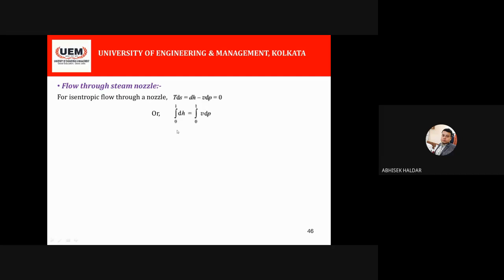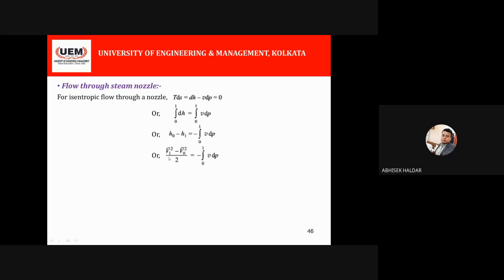If we integrate this from 0 to 1, that means from inlet to outlet, keeping the integration sign, we can write H0 minus H1. This should be H1 minus H0, but as we are writing H0 minus H1, we are keeping a minus over here, in the VdP term. So what is H0 minus H1?